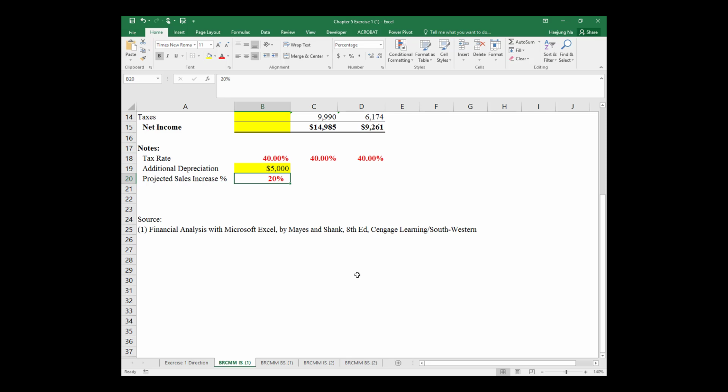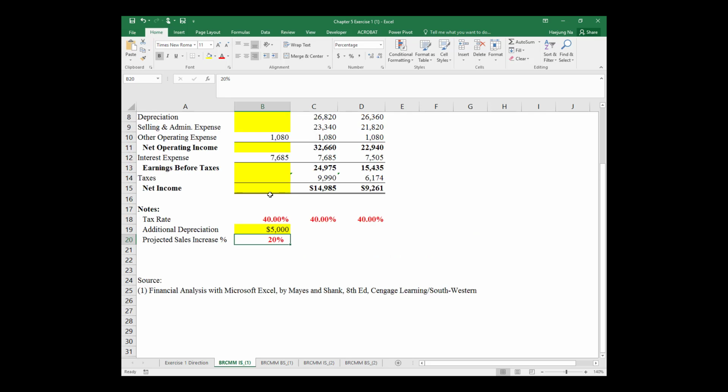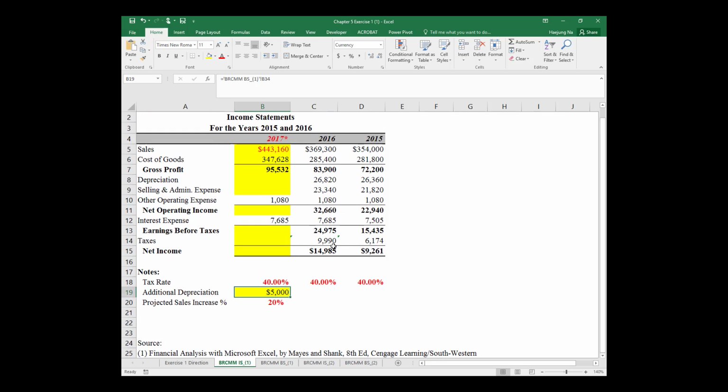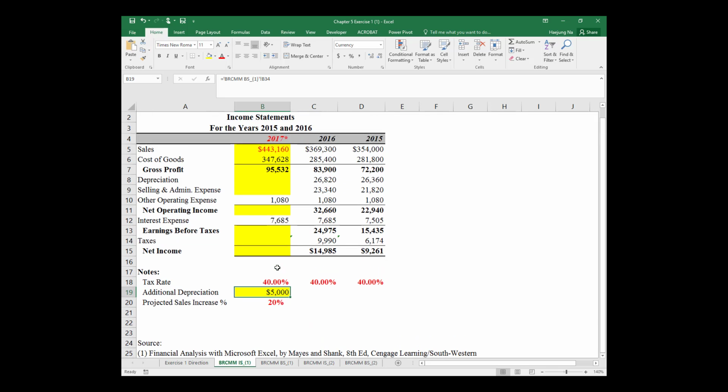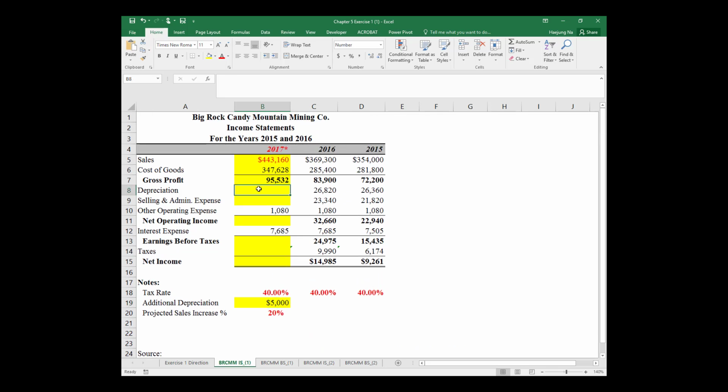And it will give you 5,000. So as additional depreciation, you should have 5,000. So this 5,000 is attributable to the new equipment that you purchased. So does everyone have 5,000 for cell B19? Then you are ready to calculate the depreciation expense.